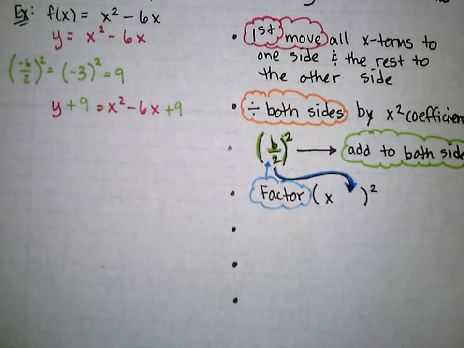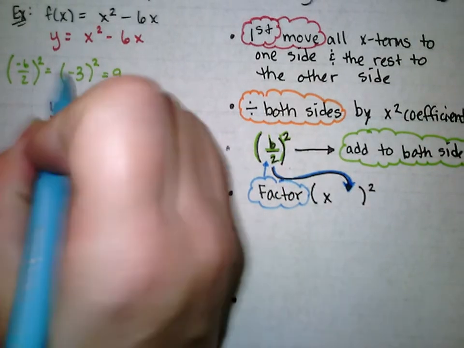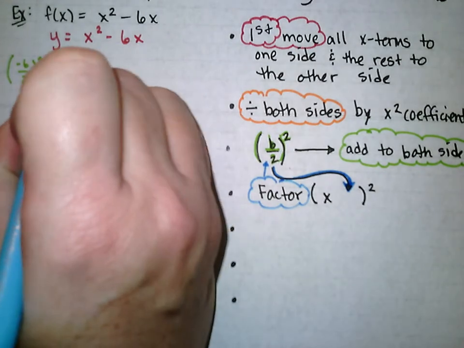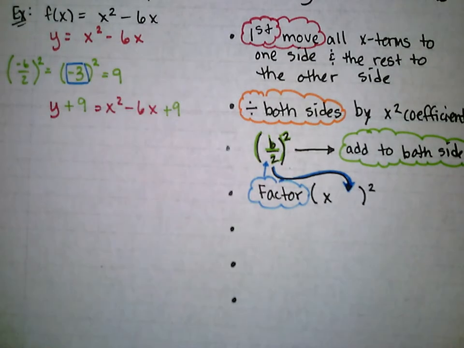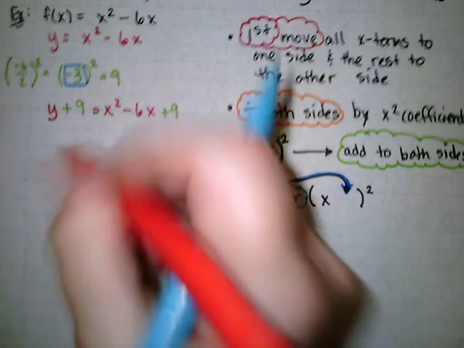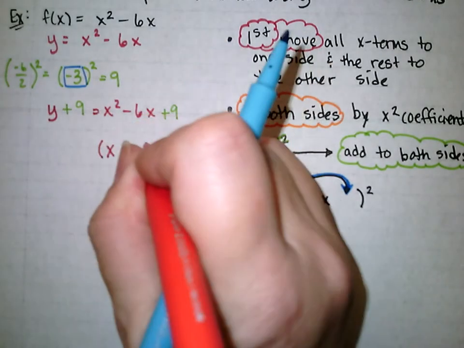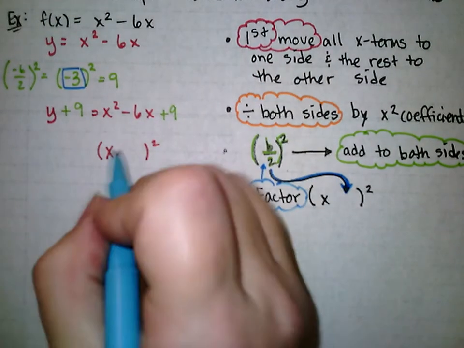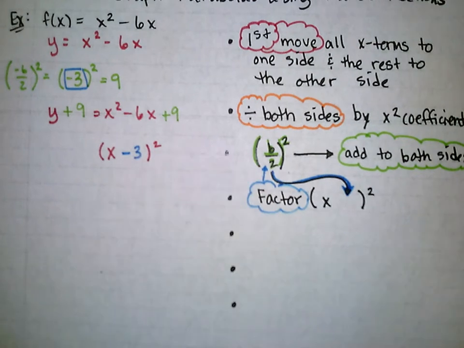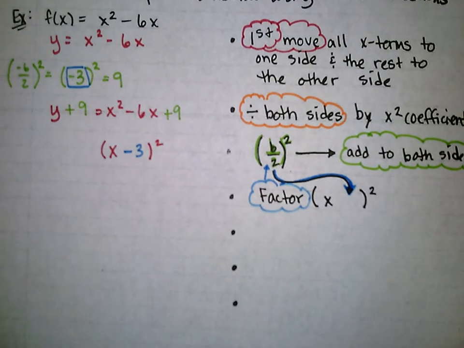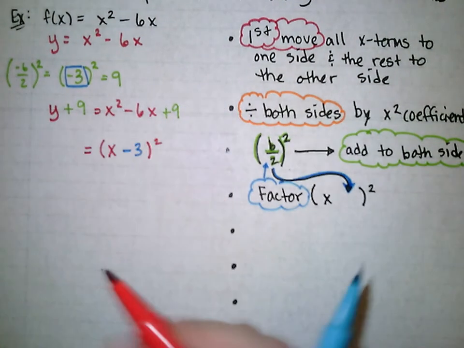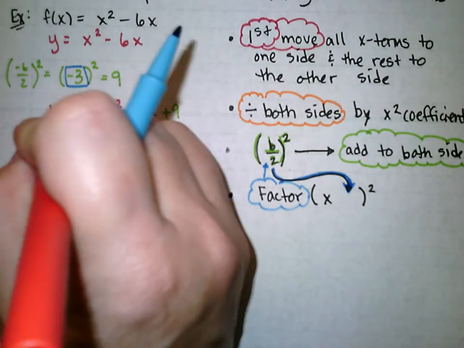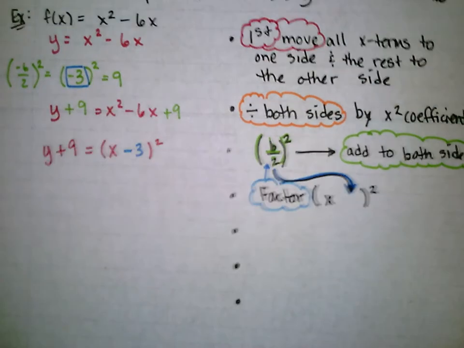So when I factor this, I'm going to take this number here, -3. That's what I'm factoring with. So I'm going to have x minus 3 squared. That's the only thing that's going to be on the right side over here. On the other side, I still have y plus 9.